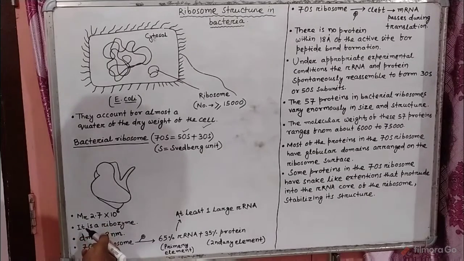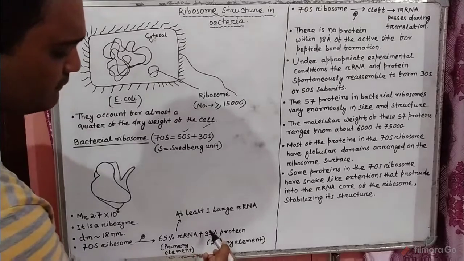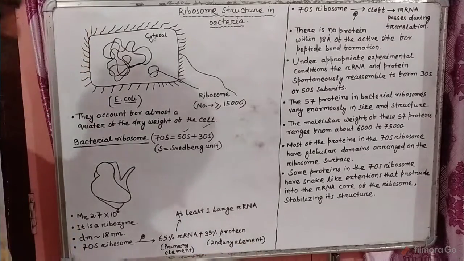The bacterial ribosome is a ribozyme. The diameter of the bacterial ribosome is about 18 nm. The 70S ribosome contains 65% rRNA, or ribosomal RNA, and 35% protein.